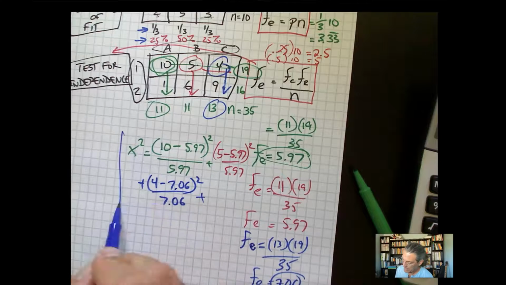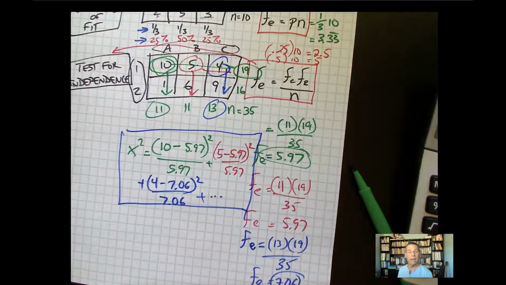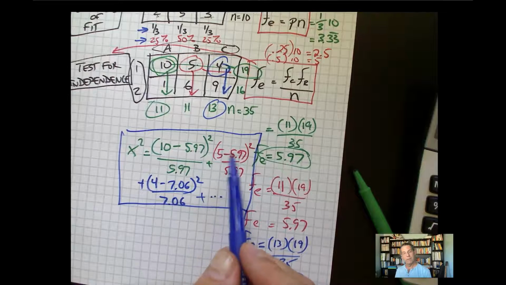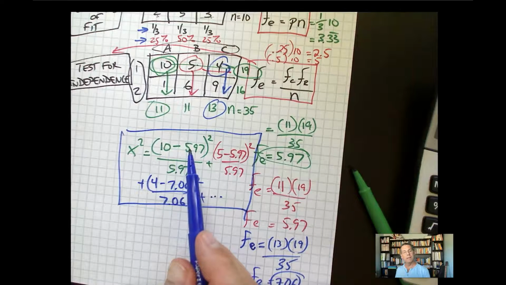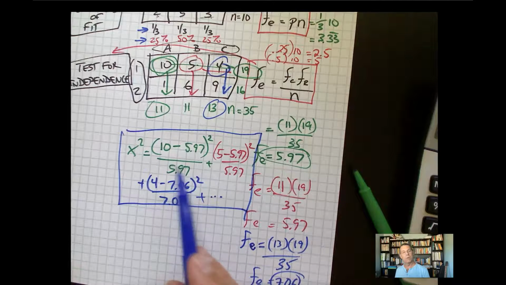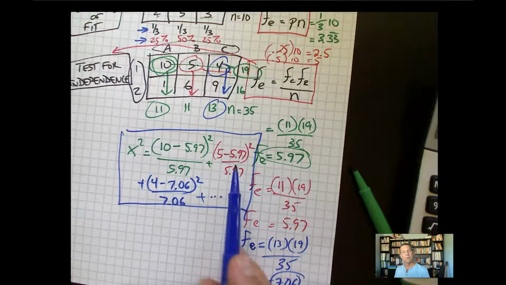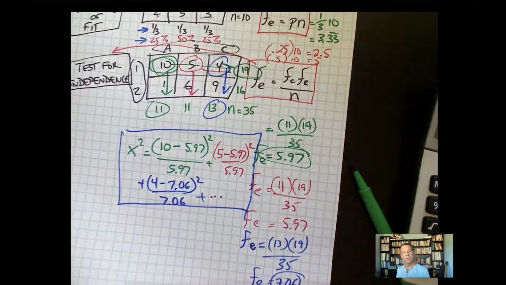So you can see in this here, dot, dot, dot, we have the top row done. Observed frequency minus the expected frequency for that cell divided by the expected frequency for that cell. So the green one is for this, the red one is for that one, the blue one is for there. Then we just have to do that second row, same thing.